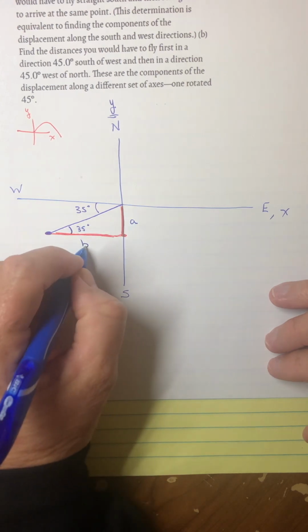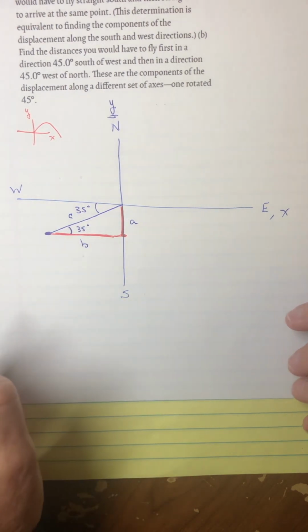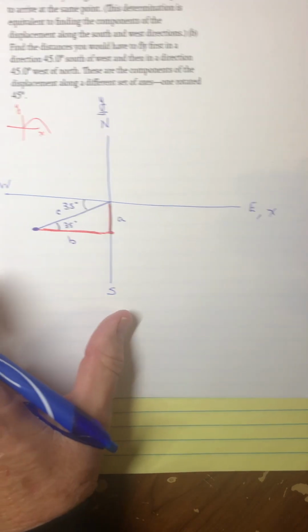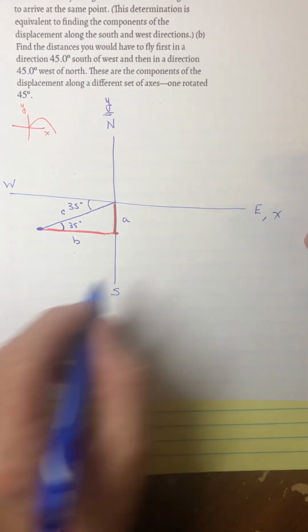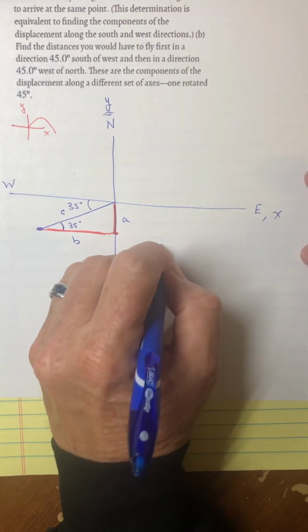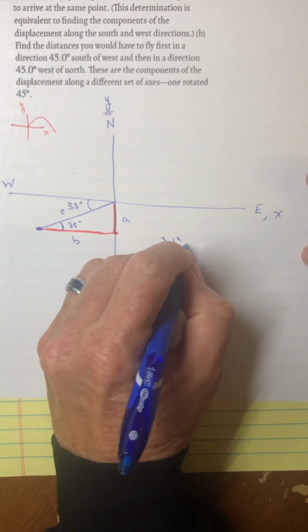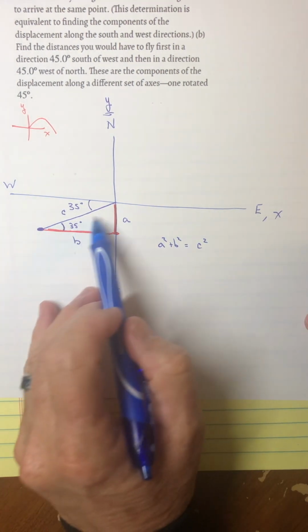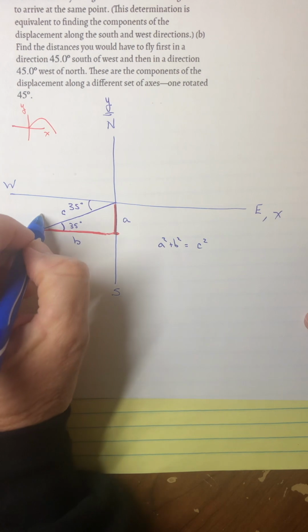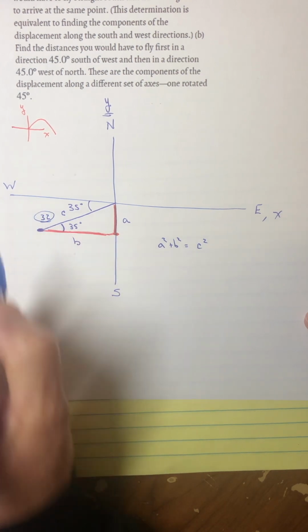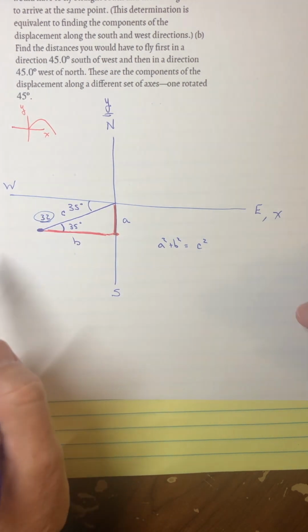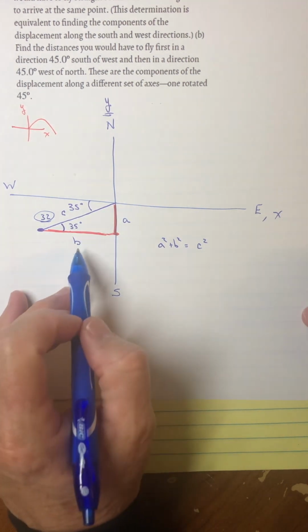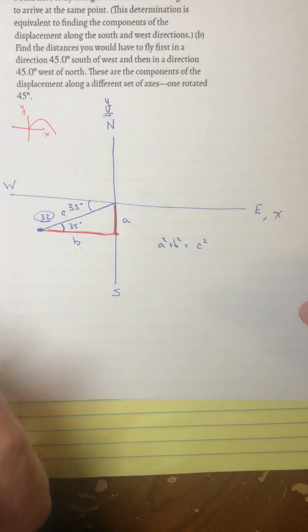Here's A, here's B, and the hypotenuse is C. There are hopefully a lot of things you remember from your math class, and this is a good time to review. For example, the sum of the squares of the legs is equal to the square of the hypotenuse. So if we know the hypotenuse, which we do, it's 32 kilometers, by itself we can't find the individual legs, but if we knew a B, then we could find an A, or if we knew an A, we could find a B.